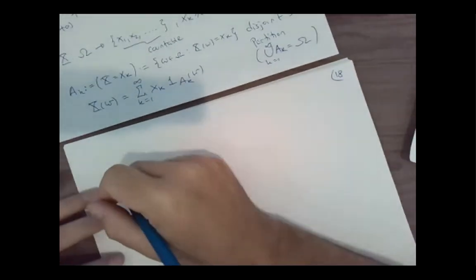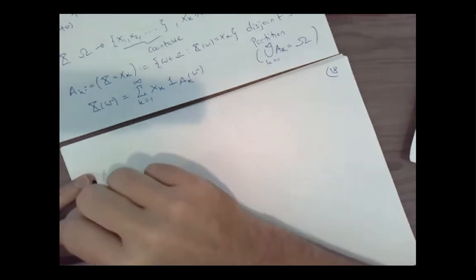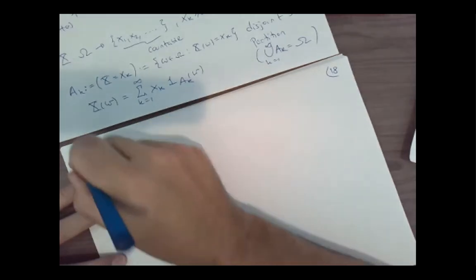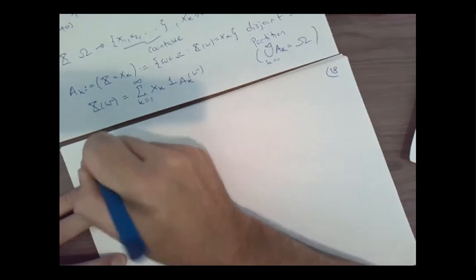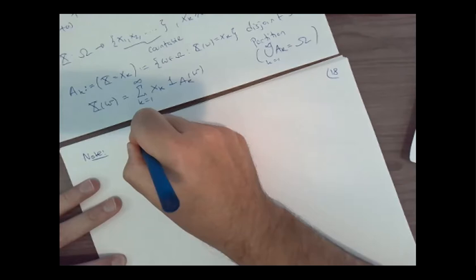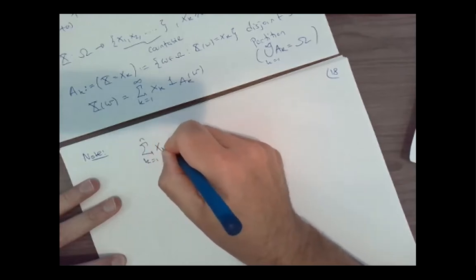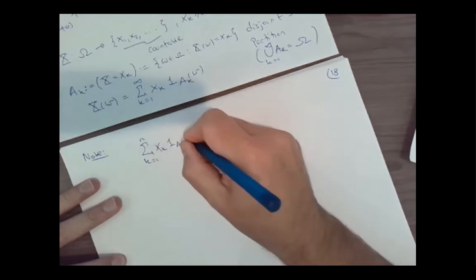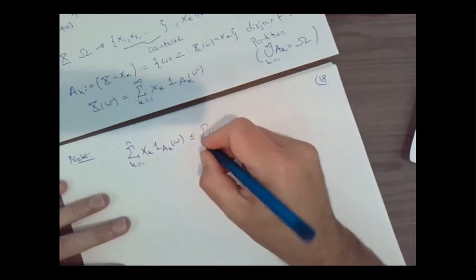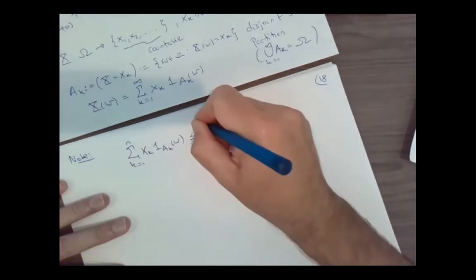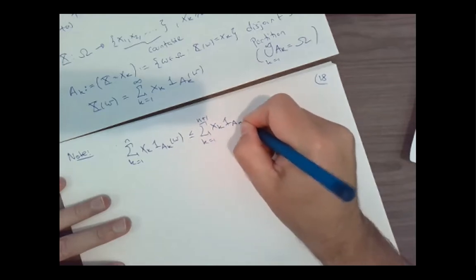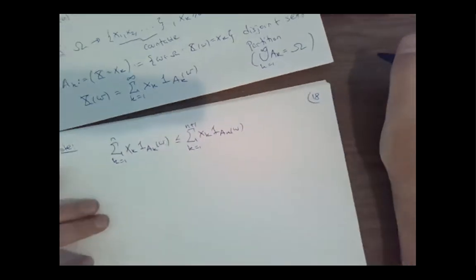Well, we note that if I'm summing from 1 to n of these xk's indicators, this is less than the sum up to n plus 1 of these. Is this clear?